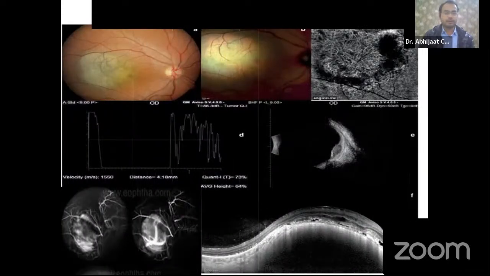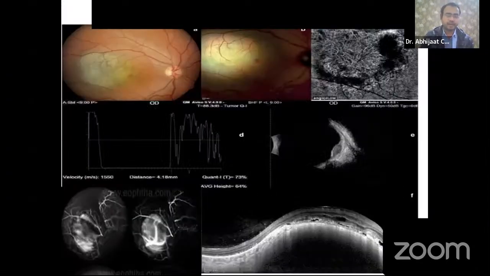So coming on to the first differential diagnosis, which is choroidal melanoma. In this condition, we generally see a pigmented lesion, which can be either amelanotic or a dark brown one. It presents with some subretinal fluid along with it.